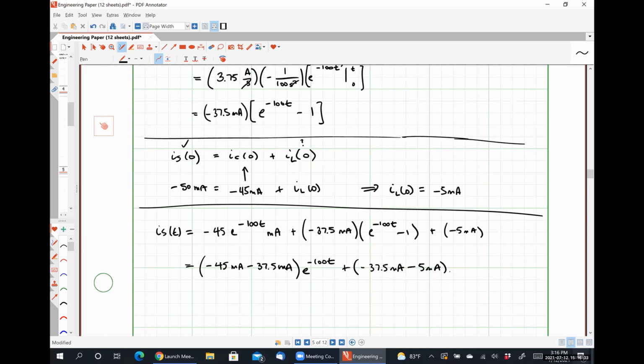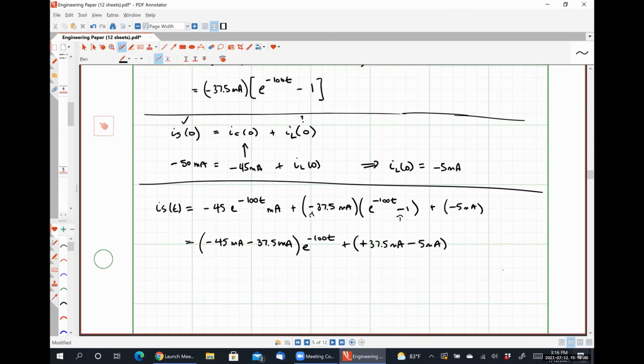These are my constant terms, right? Actually, I have negative and negative, so this guy should be positive, right? This negative sign multiplied by this negative sign gives me positive. So negative 45 minus 37.5, negative 82.5 e to the minus 100t plus 32.5 milliamps.